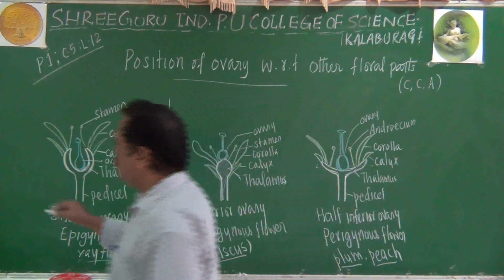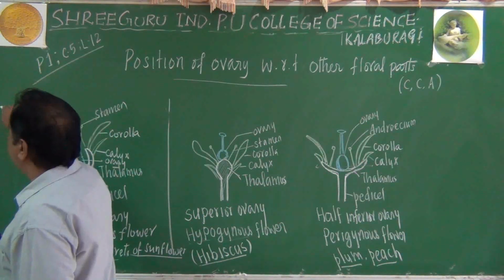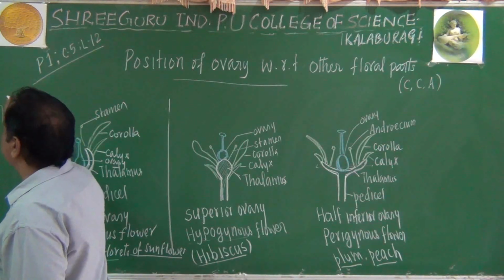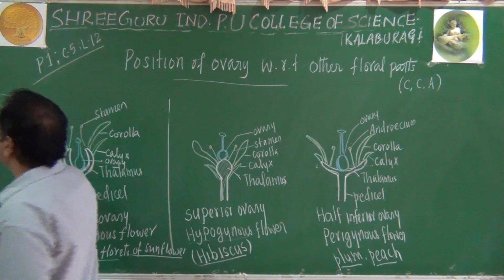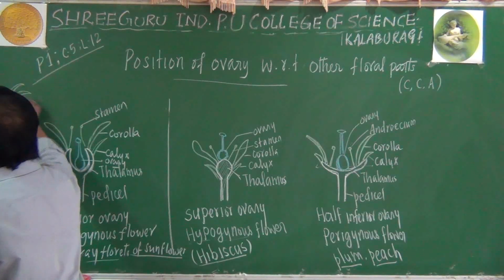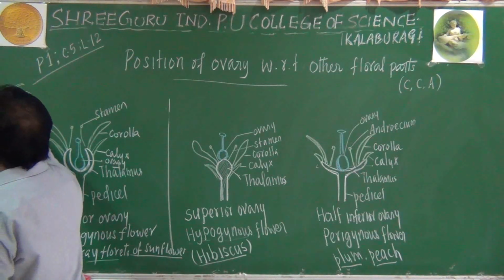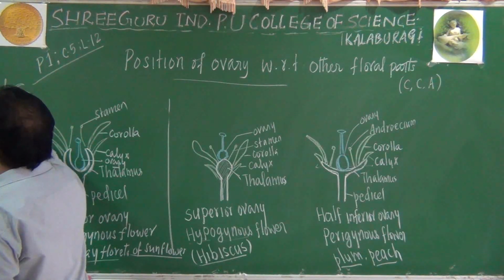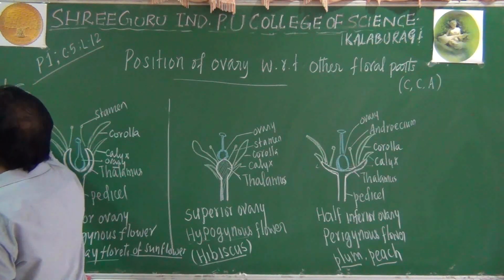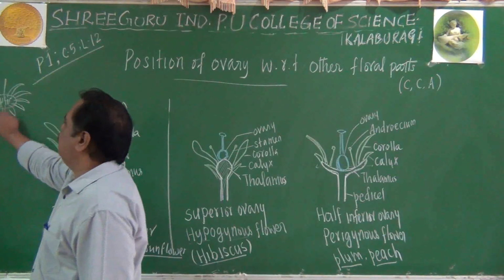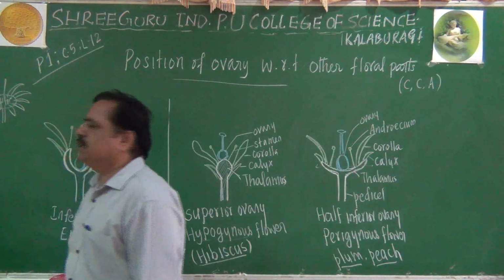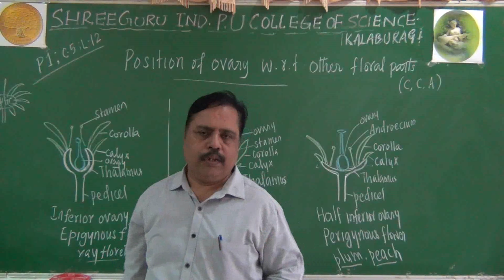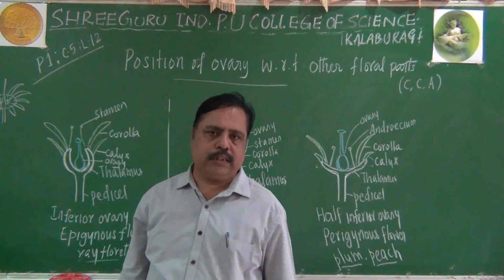You might be knowing about sunflower. It has a disc-shaped structure like this, where you come across a yellow-colored peripheral part. Inside there are black-colored tubular structures. This sunflower is not a flower. It is actually an inflorescence.